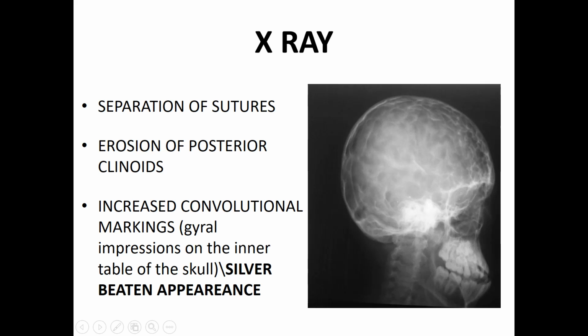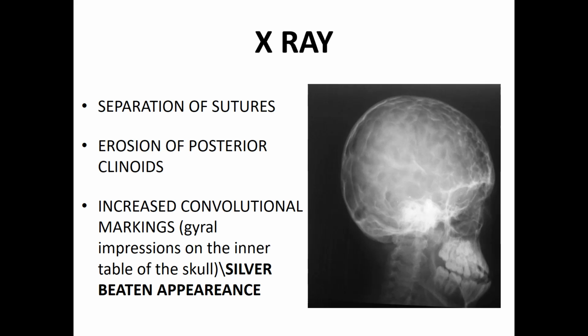In this X-ray you can see separation of the sutures, erosion of the posterior clinoids, and increased convolutional markings, like these gyral impressions which you can appreciate on the skull bones, on the inner table of the skull, and then a silver-beaten appearance. These are all the findings you can see on the X-ray of a patient with hydrocephalus. But X-ray is not the modality of choice for the diagnosis of hydrocephalus. The main modality of choice is either CT scan or MRI.